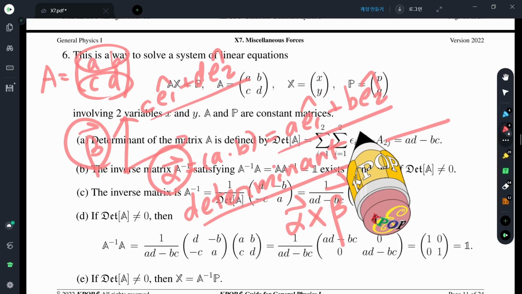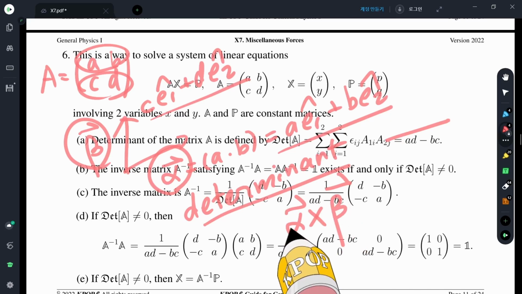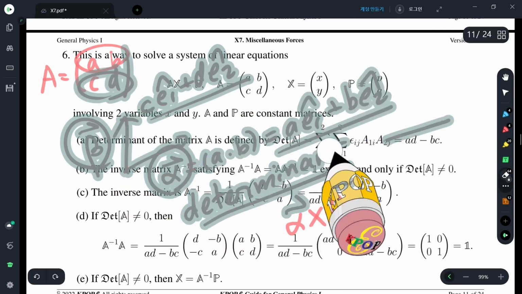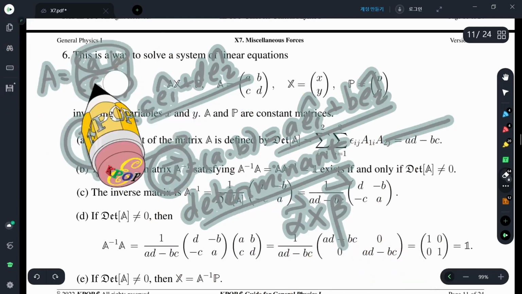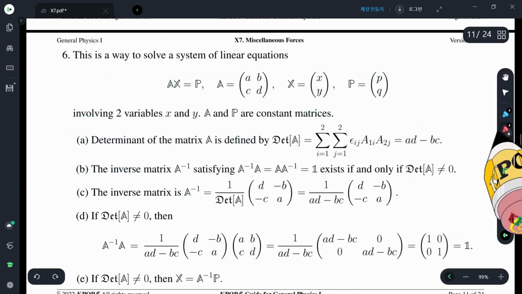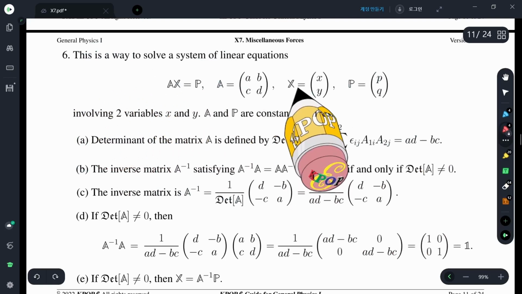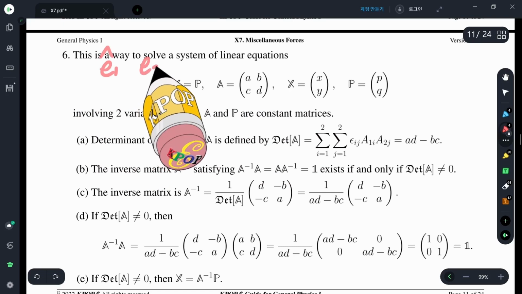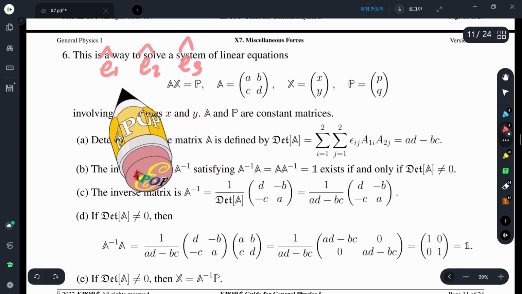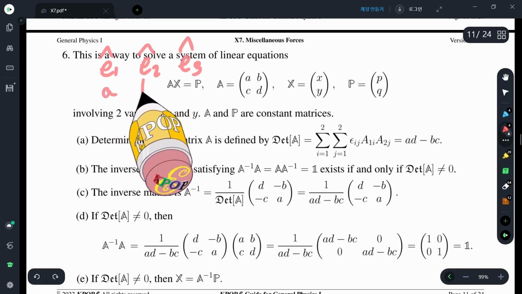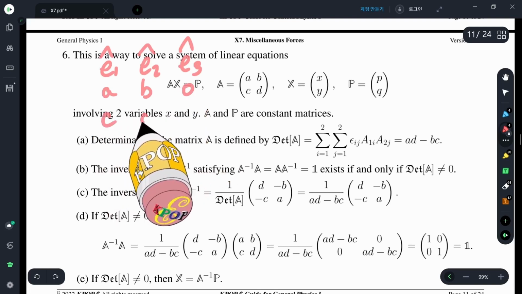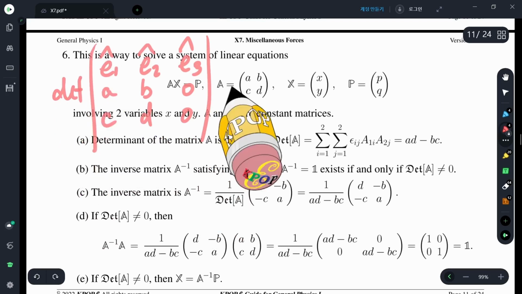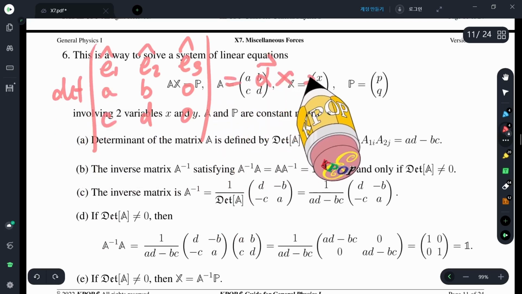How can I compute the cross product? It's easy. Let us compute the cross product. Because it is two dimensional, we have a vanishing z component. e1, e2, e3, a, b, 0, c, d, 0. This is the determinant. That is alpha cross beta.